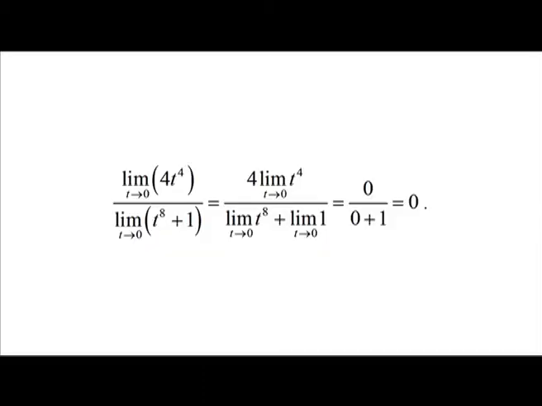Also, by the constant multiple rule and sum rule of limits of functions of one variable, we obtain 4 times the limit as t approaches 0 of t^4, all divided by the limit as t approaches 0 of t^8 plus the limit as t approaches 0 of 1, which is equal to 0 by 0 plus 1, which is equal to 0.